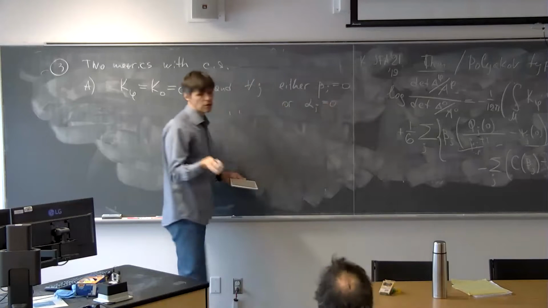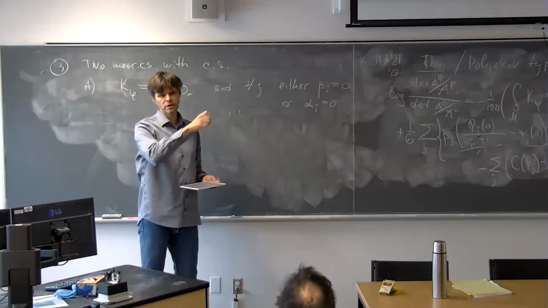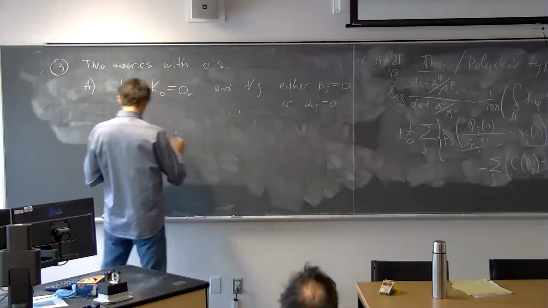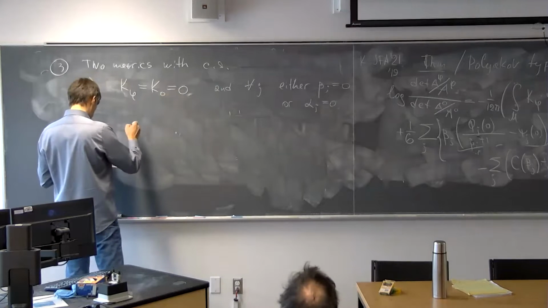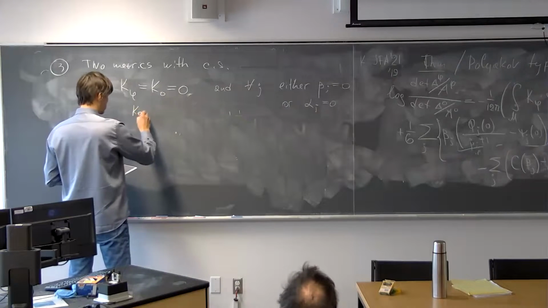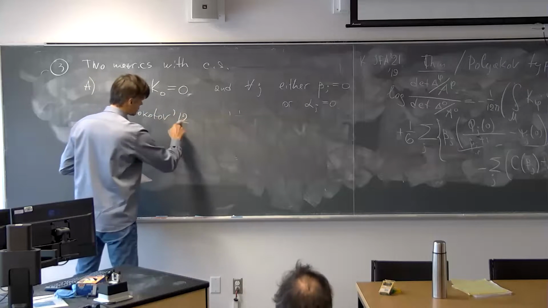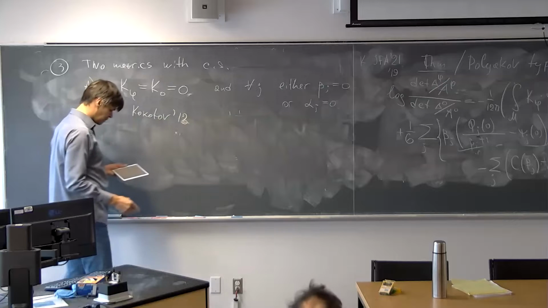So either the first metric has a conical singularity at this point, or the second one, but not simultaneously. Then this is the situation studied before by Kokotov in 2013.